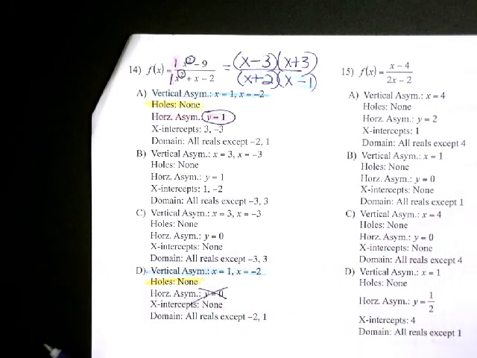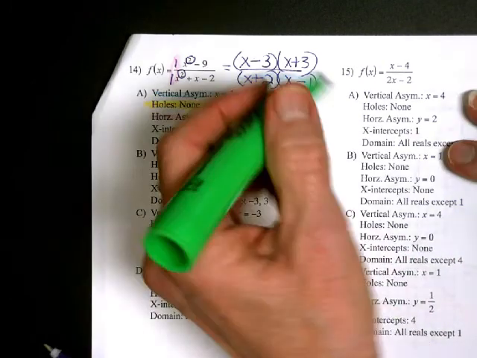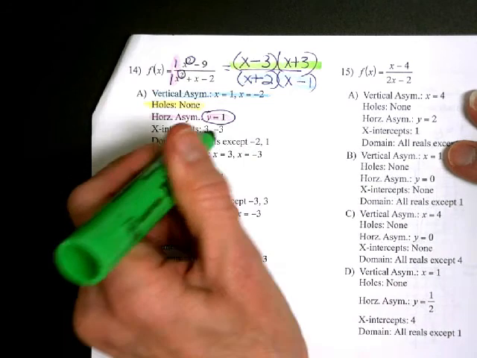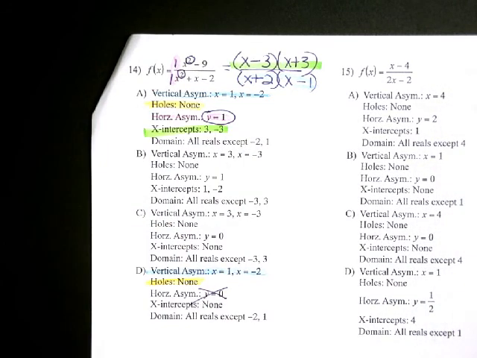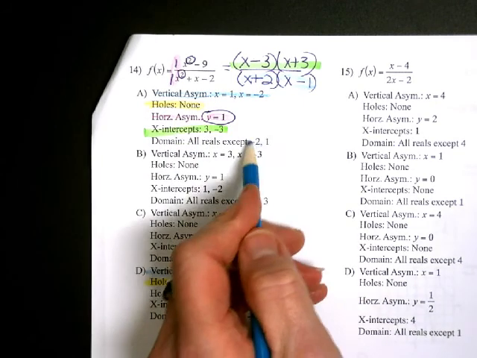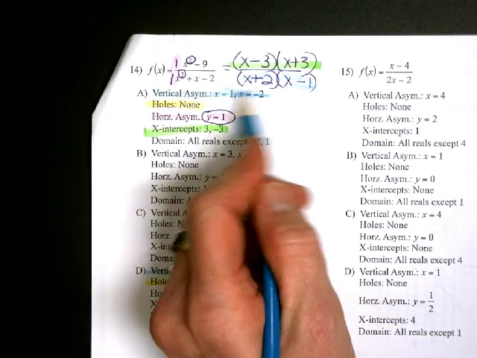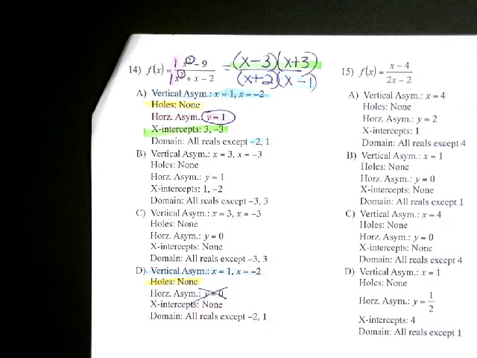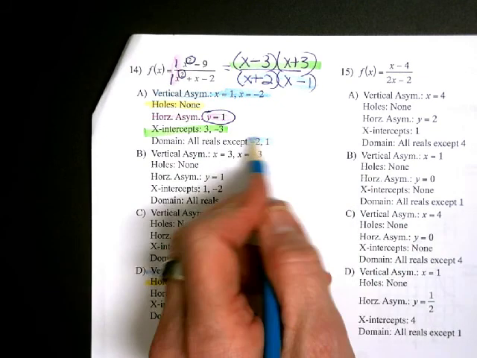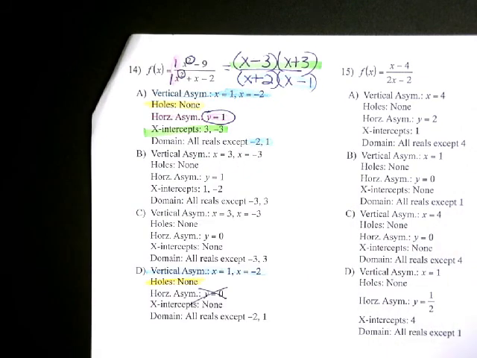You do division and find the right horizontal asymptote. X-intercepts come from up there. We're good. And the domain came from the vertical asymptotes because there were no holes. Is that coloring coming in? Yes.